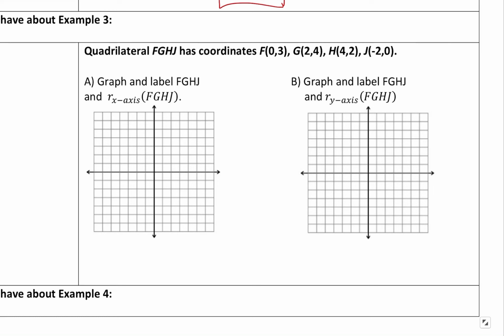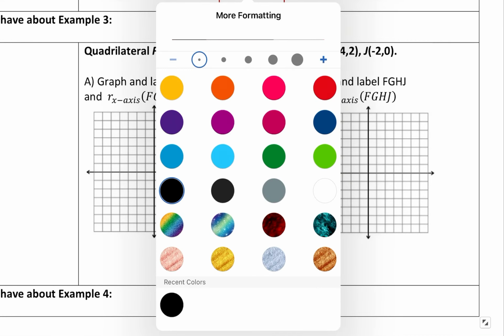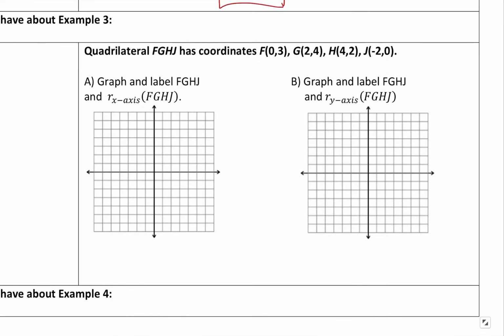All right, so we've got our original coordinates here with this one. What we're going to do is start by graphing our original figure. F is at the point 0, 3.